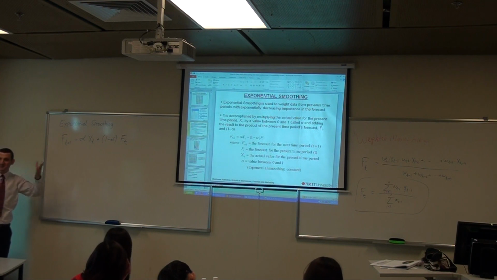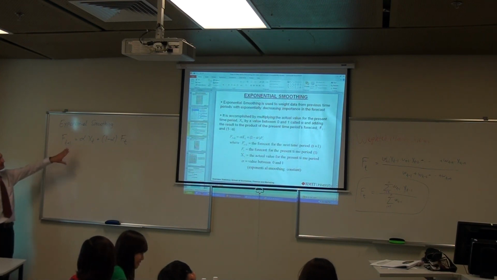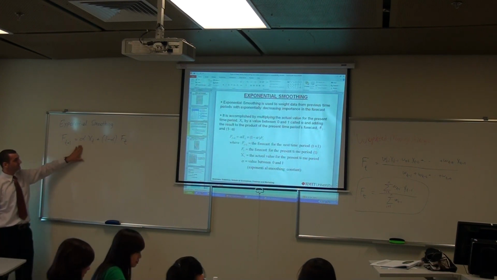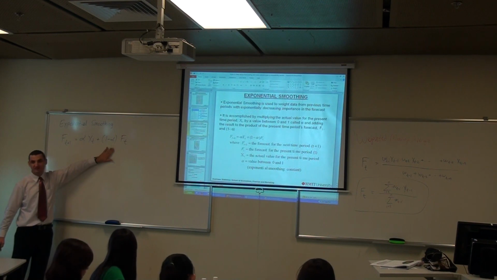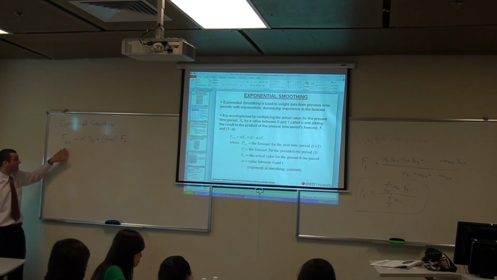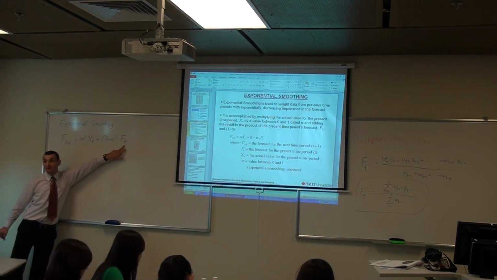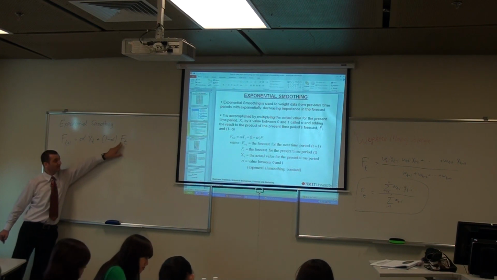It's called exponential because, look, here nothing is exponential, but this thing is a recurring relation. If you look at the function, f of t plus 1 is taking value from f of t. This is the first time we have such a thing.